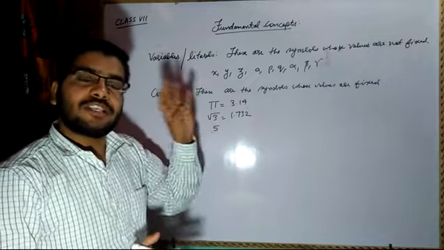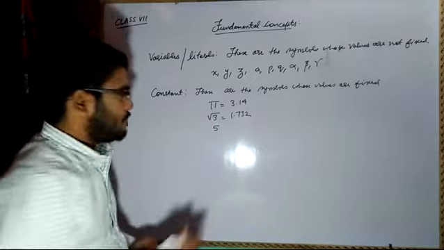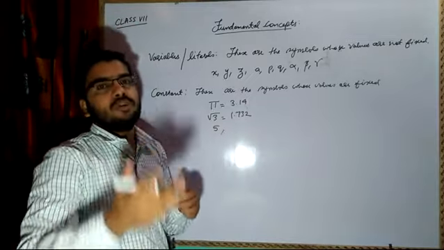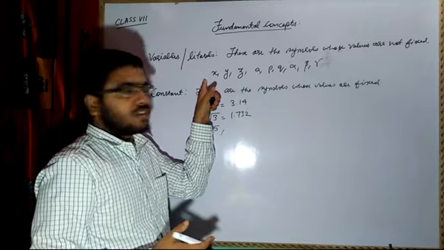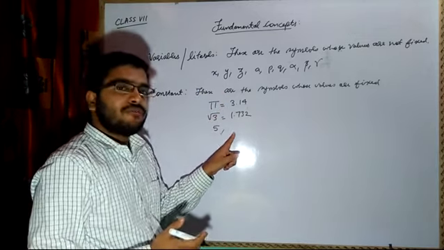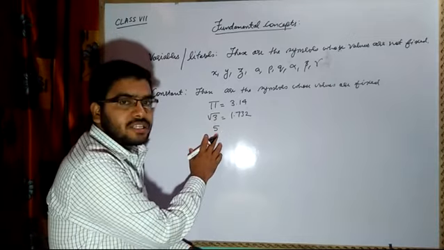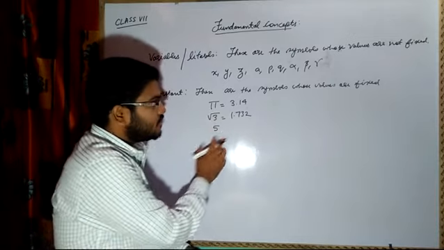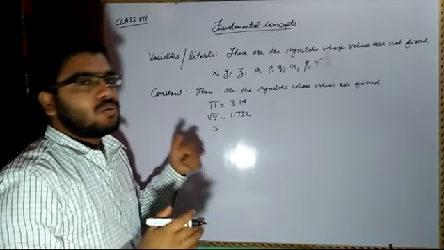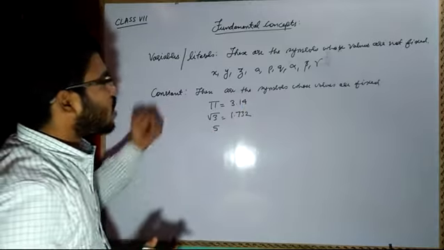Its value will remain the same. But if I say x, the value of x depends upon the question, right? So the value is not fixed. This is another symbol whose value is fixed, though in mathematics we call this a number as well as a digit. So a symbol whose value is fixed is said to be a constant.